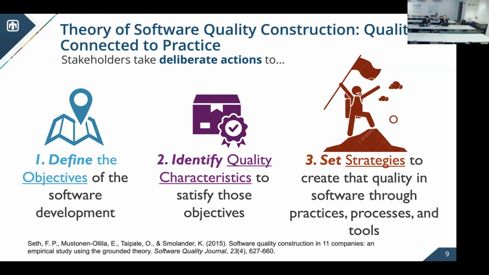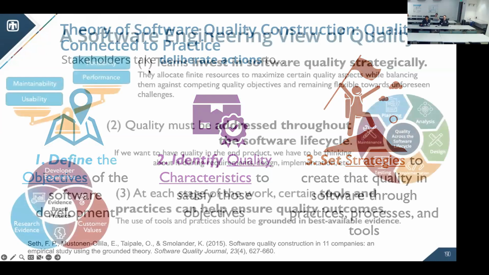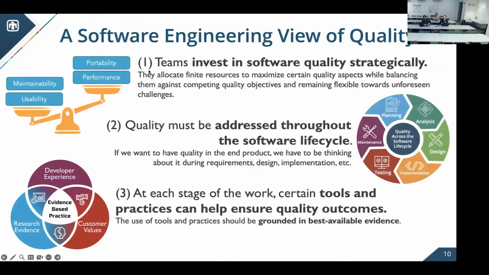the things people are doing, right? So what that all means, when we look at a software engineering view of quality, is one, that teams, like I said in the presentation yesterday, invest in software quality strategically, right? Quality is not an absolute good. You want portability, right? But you don't need to be portable to all machines until the end of time, past, present, and future, right? No, rather you set limits.